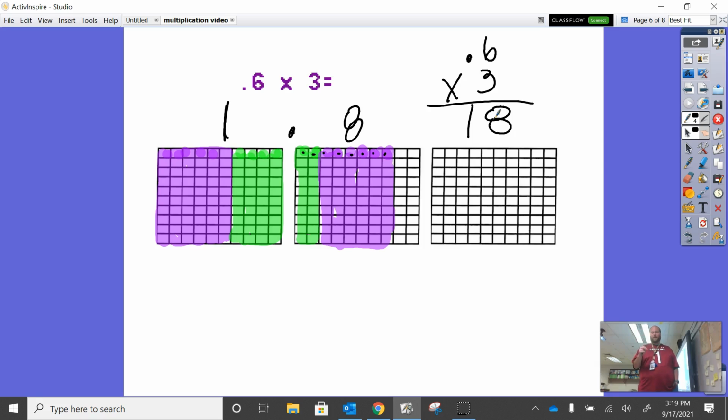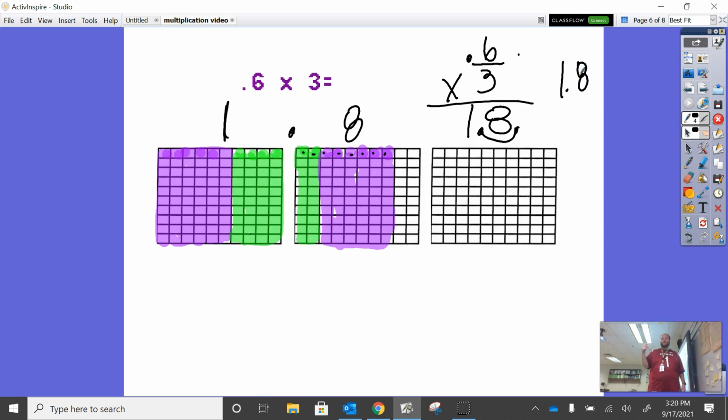To get the answer when you're working with a decimal, all you're going to do is count the decimal spots you have in the total problem. So I have 1 decimal because this 6/10 is 1 decimal spot. So that means in my answer, I need to have 1 decimal spot. So I take my decimal, which is here, and move it here, and I get 1.8. That's how simple it is with the algorithm, okay?